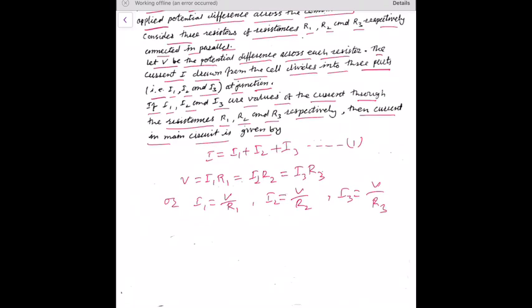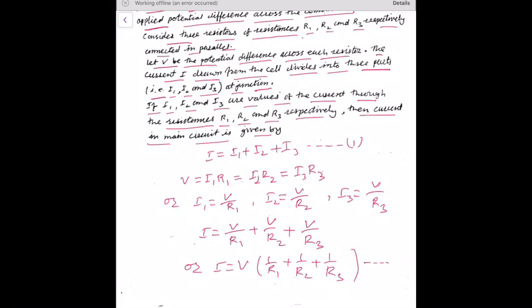Therefore, equation first becomes I equal to V upon R1 plus V upon R2 plus V upon R3, or I equal to V times (1 upon R1 plus 1 upon R2 plus 1 upon R3).